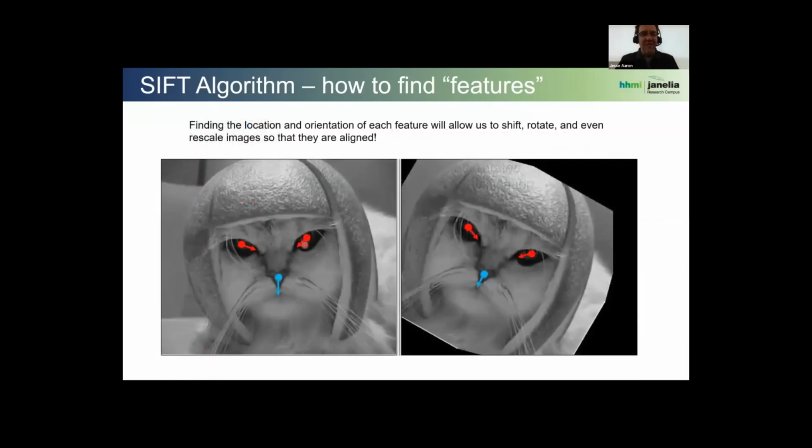But if we found a feature in our image, say our little melonhead cat here, clearly his eyes and maybe his nose stand out as very clear features in the image, and perhaps just the way that the image is oriented, we can say that these features have some directionality associated with them. And if we were to then do the same thing in our rotated image here, that gives us a very robust way for us to match one image to the next.